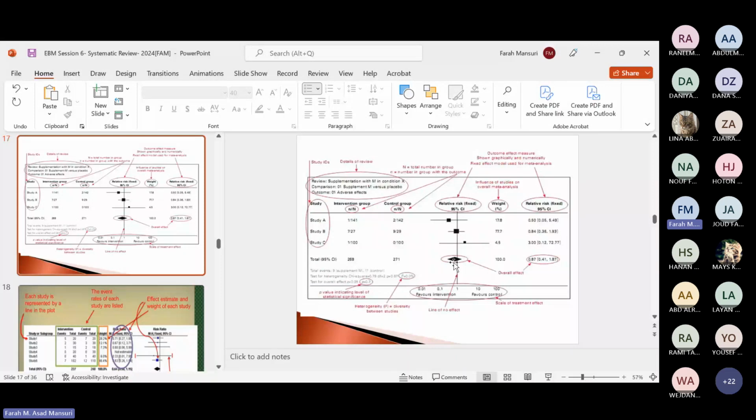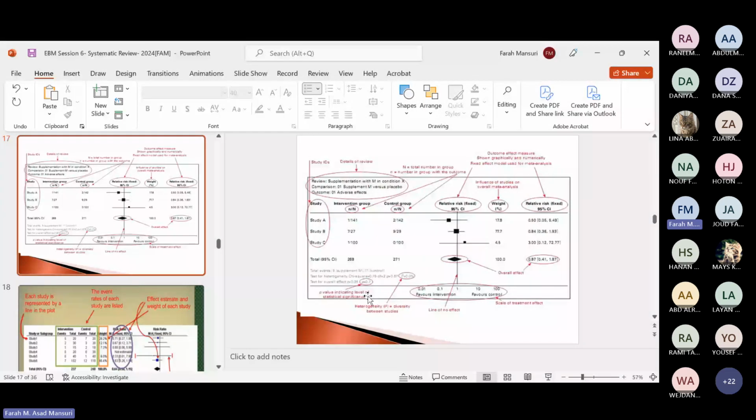And this shows the test for heterogeneity for the studies, that is, whether the studies are heterogeneous or not. And this is the p-value, showing whether this heterogeneity is significant or not.